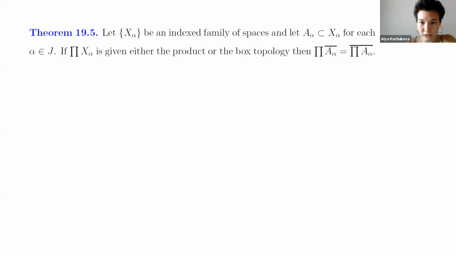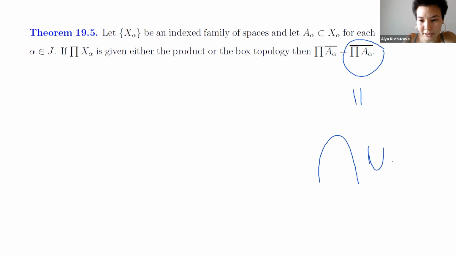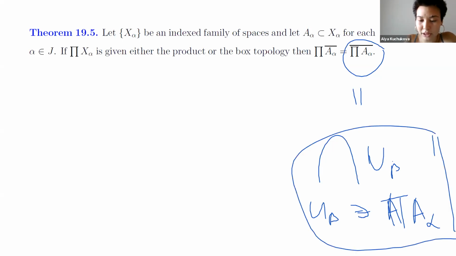So this would be equal to the intersection of all, say, U betas, and those U betas contain, sorry, the cross product of A alphas. So this is by definition, right?